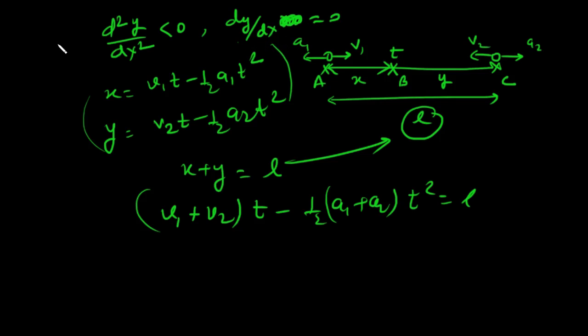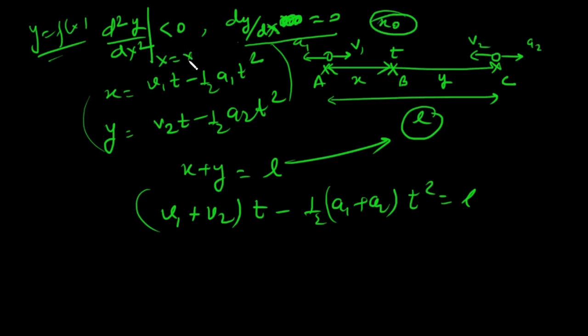For example, y equal to function of x, now I want to find out the value of x at which y is maximum. First of all, I'll find out the differentiation of y with respect to x. We will get some value x naught. Now we put this value x equal to x naught in d square y by dx square. If we get less than 0, only then the quantity is maximum.